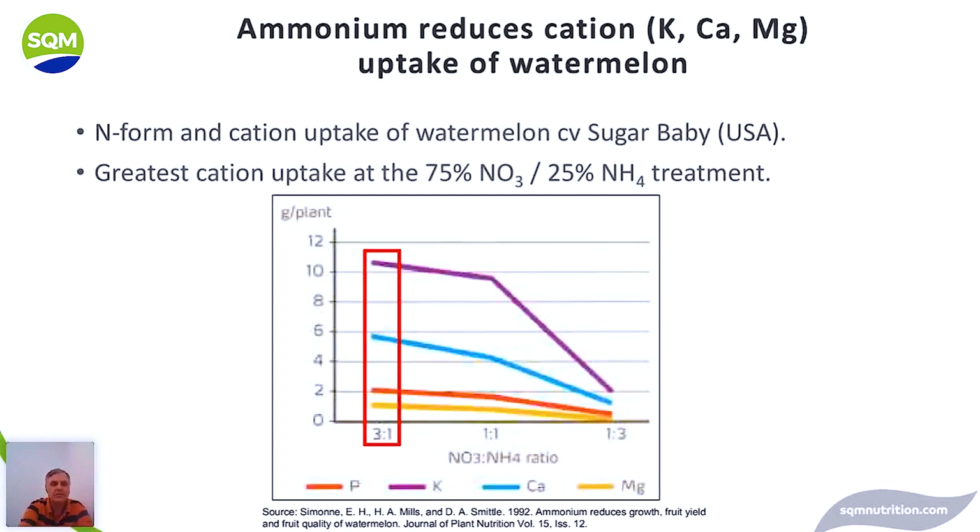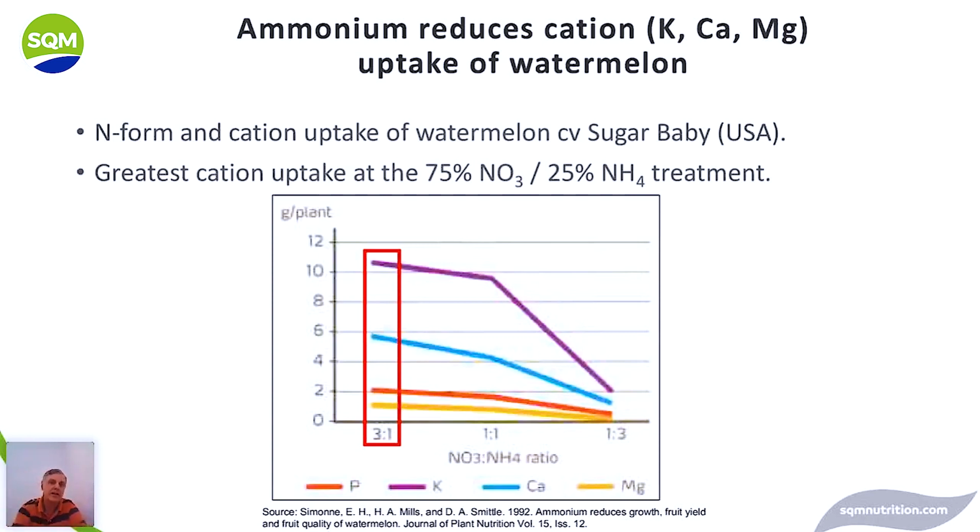When you have 3:1, that means from the total nitrogen, 75% was in nitrate form and 25% in ammoniacal form. Then 1:1, 50% nitrate, 50% ammonium, and 1:3, the opposite, 25% nitrate and 75% ammonium.